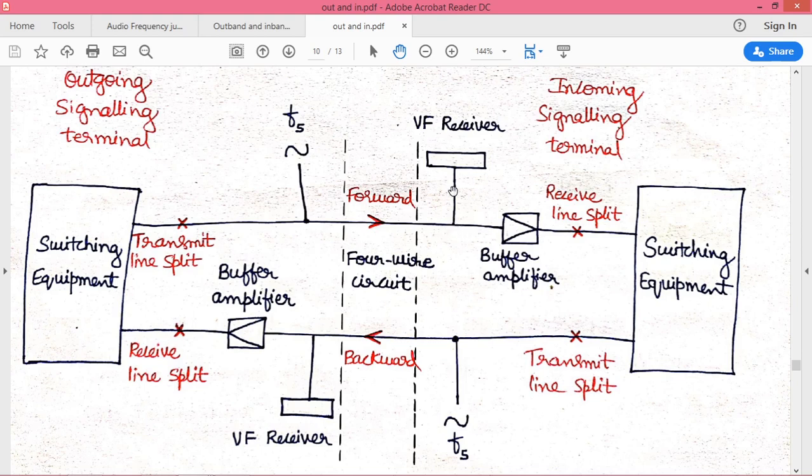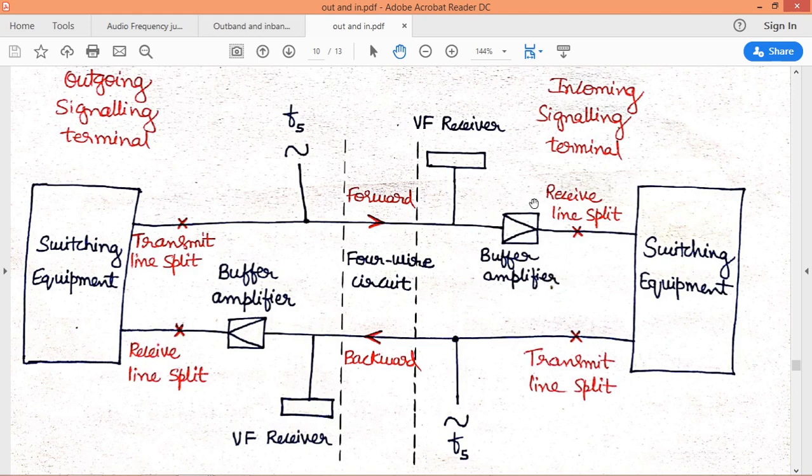Of course this VF receiver will give the DC signal to the switching equipment with the help of the E-lead. Please note, in between this VF receiver and the switching equipment, we are using a unity gain buffer amplifier.